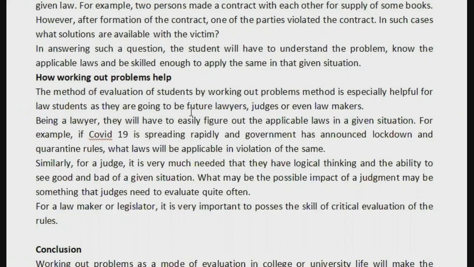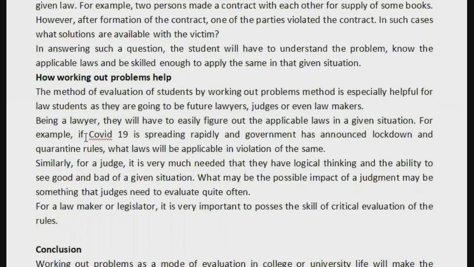The method of evaluation of students by working out problems is especially helpful for law students, as they are going to be future lawyers, judges, or lawmakers, right? So whoever is studying law today, they are going to be lawyers, judges, or maybe they will be the ones framing the laws. Being a lawyer, they will have to easily figure out the applicable laws in a given situation, right?